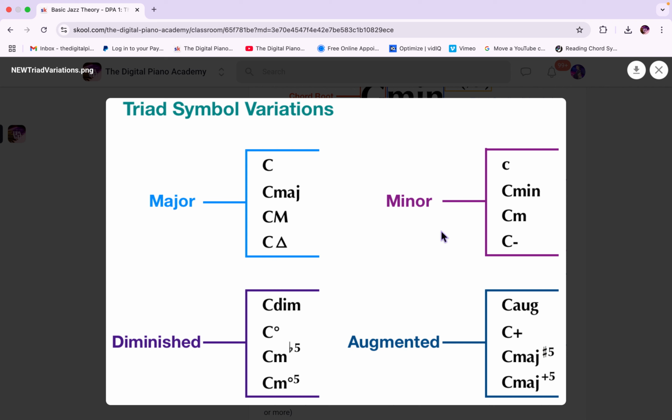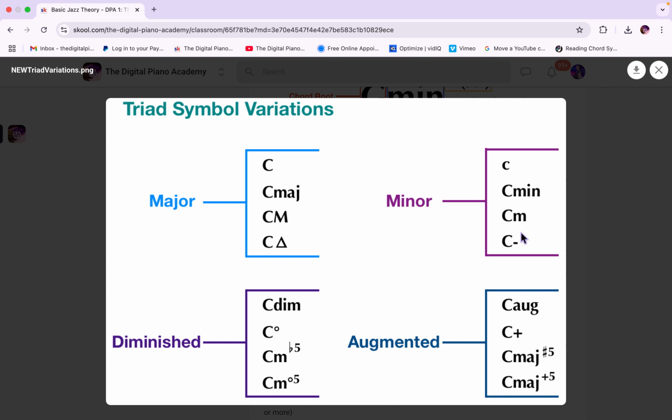Once you put a 7 on top of that, it just means the same thing as before: C major 7, C capital 7, C capital M 7, C triangle 7. Okay? The only place where this would not work is if you have a C7, that would be considered a dominant 7. So that's just something to keep in mind.